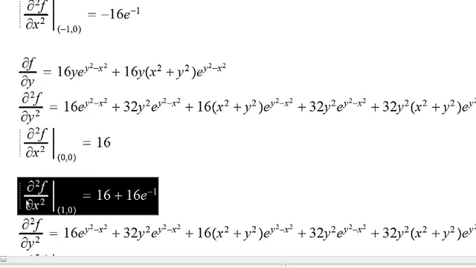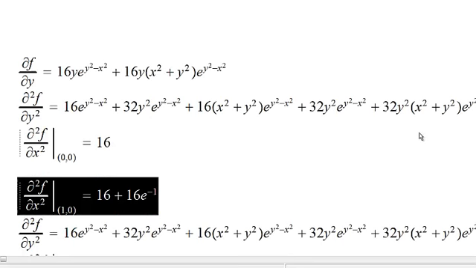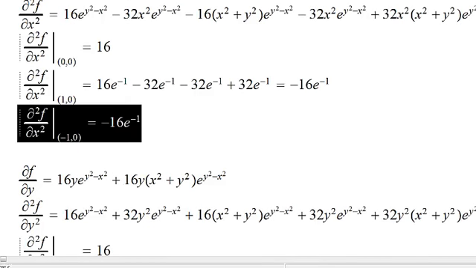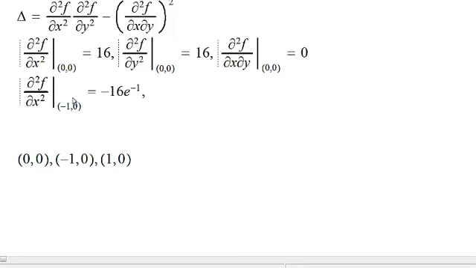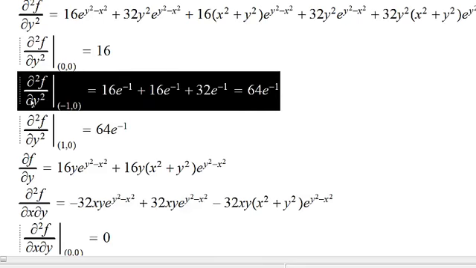I think 1 0 and -1 0 would be the same thing, right? Actually, it's different. Oh yes, that is different. I'm so sorry, I made a mistake. The values are the same, but good, I got it. So here we go. That's -16. And now we have to write df over dy square at -1 0.